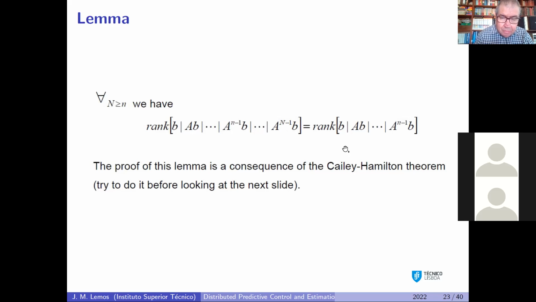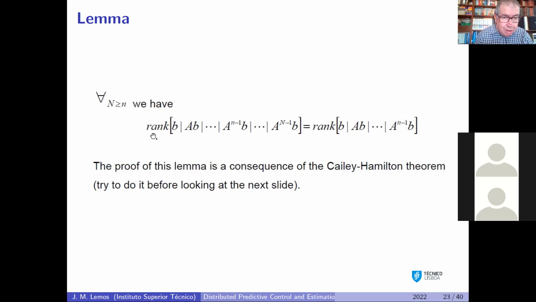So if you have a system of order 2, you would have just B and AB. And the rank, that is to say, the number of independent columns in this large matrix, is the same as the rank of B, AB. If B and AB are linearly independent, the rank will be just 2. In any case, it will not exceed n.